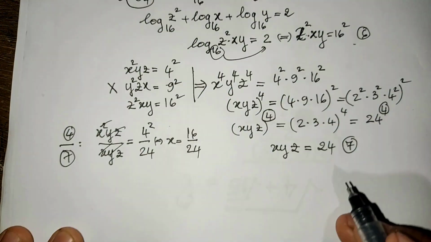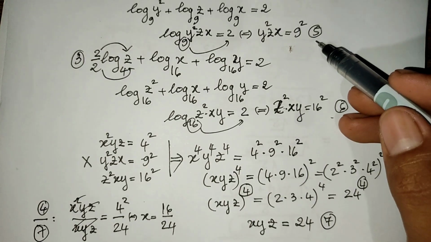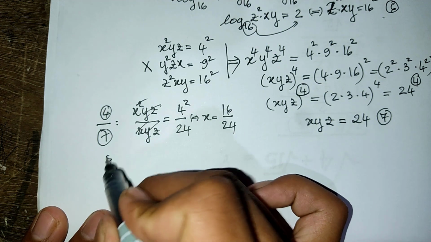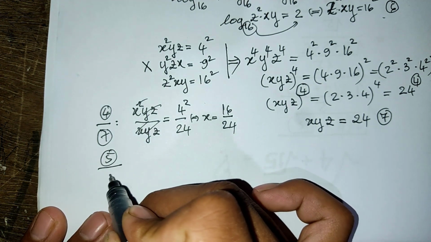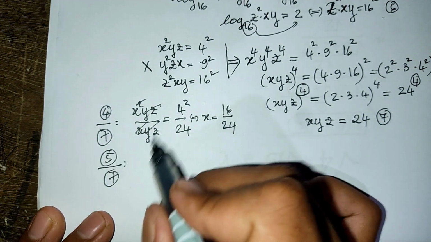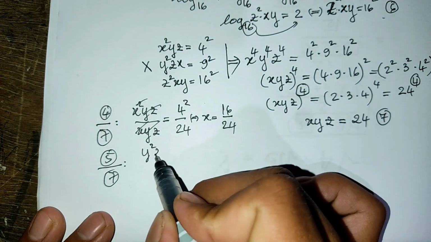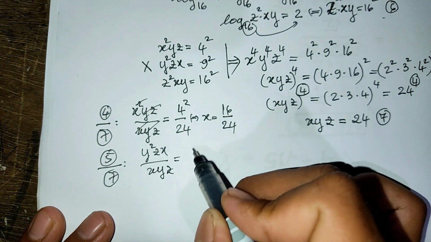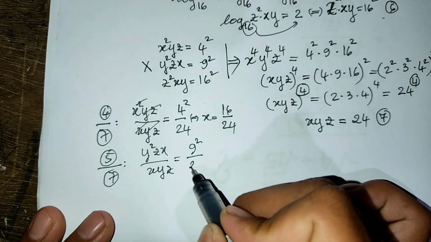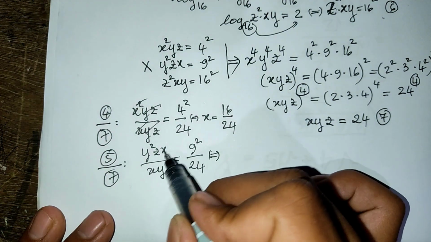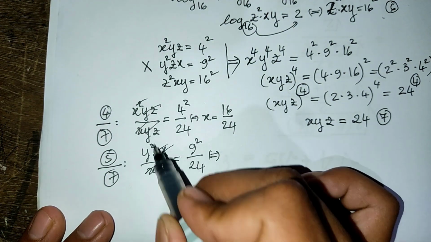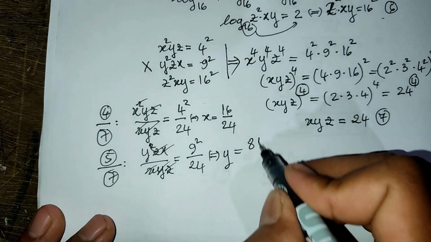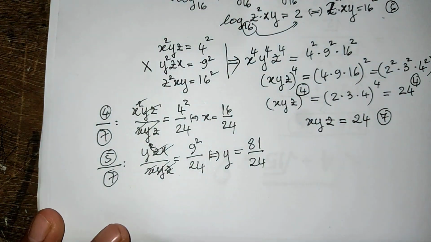Next, we take the fifth equation divided by the seventh: y squared z x divided by x y z equals 9 squared divided by 24. Simplifying x and z, we get y equals 81 divided by 24.